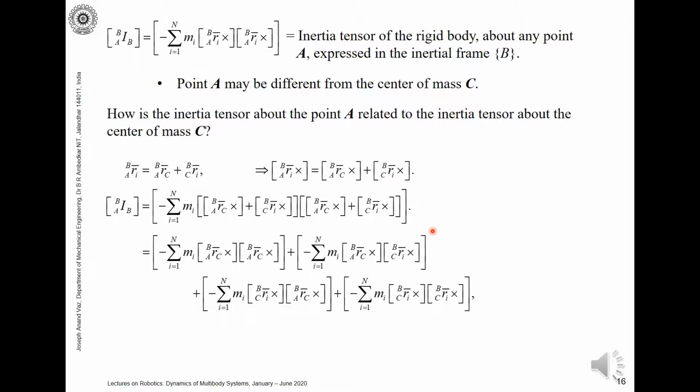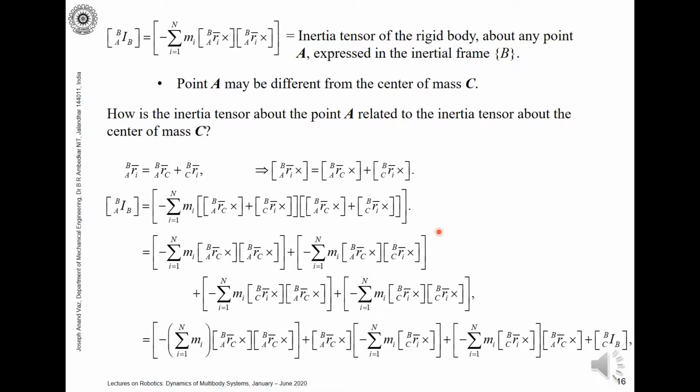Now let's expand this. When we expand it, we get these four terms. You can see that when you collect the terms together, coming to the first term here, R_C with respect to A cross is not affected by this summation sign because there is no index i over here. So you can take this outside the bracket, outside the summation sign.